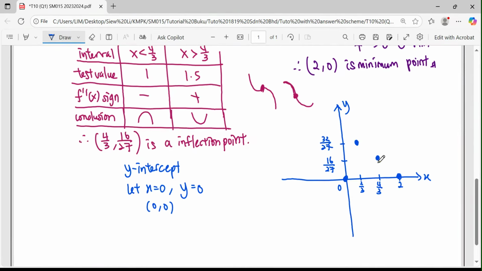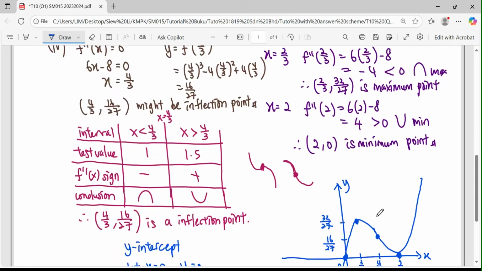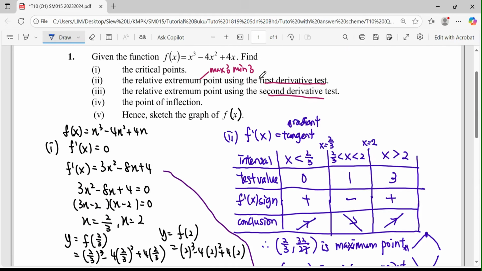From your results, before 4 over 3, it is a situation of concave downward. And after 4 over 3, it is concave upward. Your minimum touches the value 2. So this is concave upward. Therefore, you can see the whole graph is curving like this, and this is your cubic function.